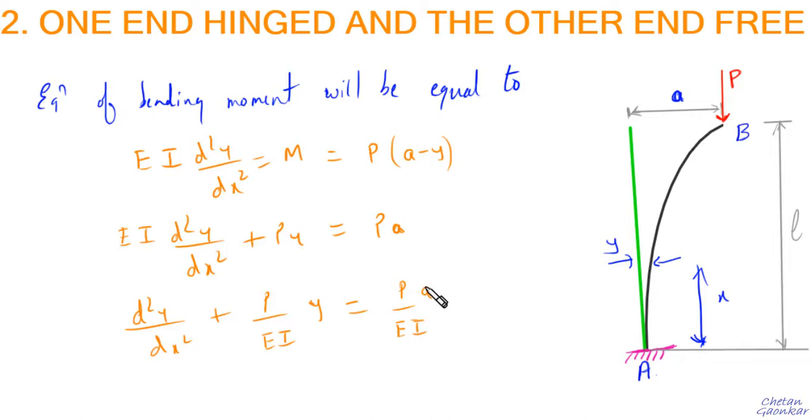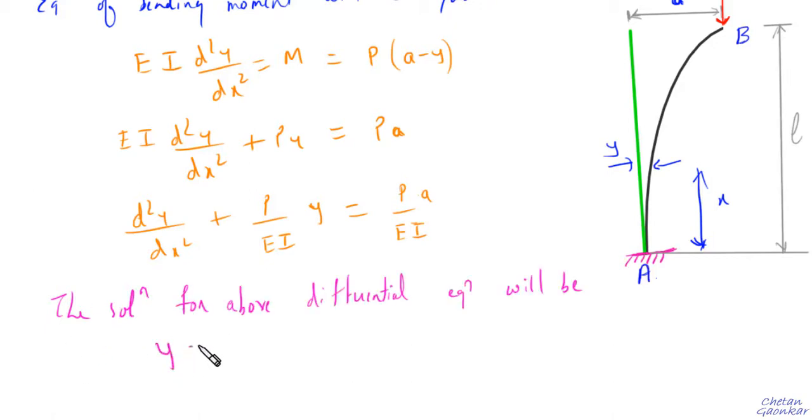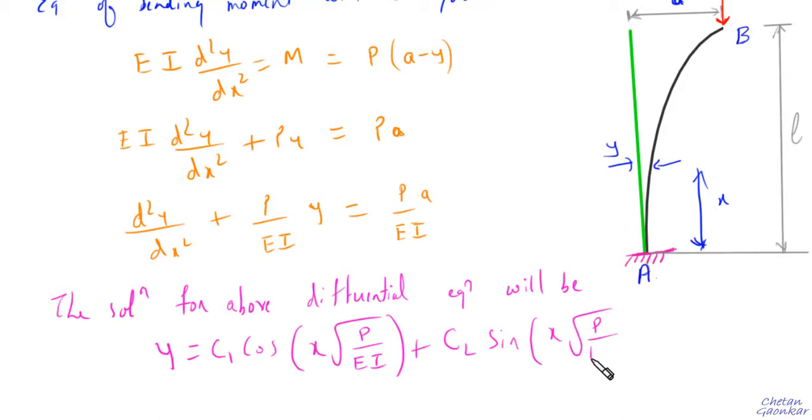And therefore, when we have this extra term a on the right hand side, the solution for the above differential equation will become y equal to C1 cos of x root P divided by EI, then again there will be a C2 term, this time sine of x multiplied by root of P divided by EI, and then plus a term now, because along with this term we have a term on the right hand side, so we have to add it here.